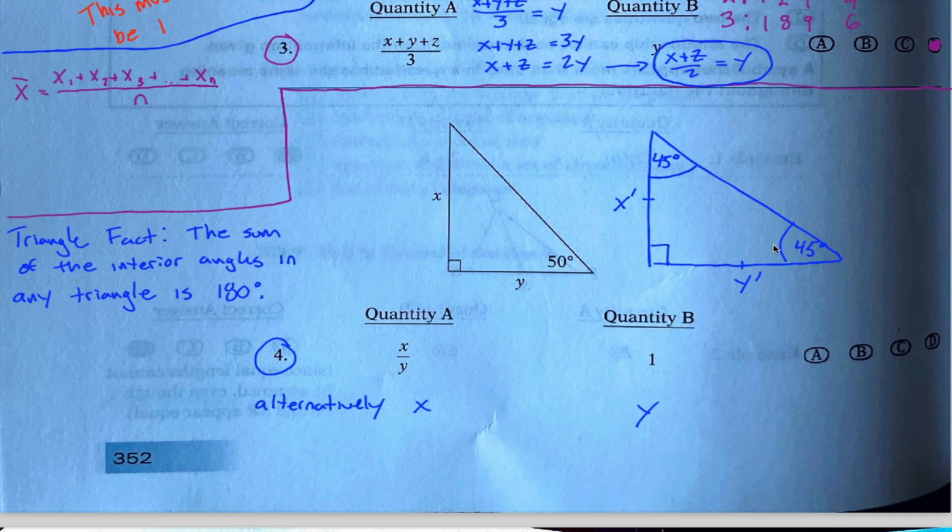But I really want to harp on this 45 degree case because maybe from this, you can kind of see what would happen if we increase this angle. If this angle is bigger than 45 degrees, 50 degrees for example, then my triangle looks more like this. Note that I haven't changed the length of this side, but by increasing this angle to 50 degrees, I have increased the length of this side.